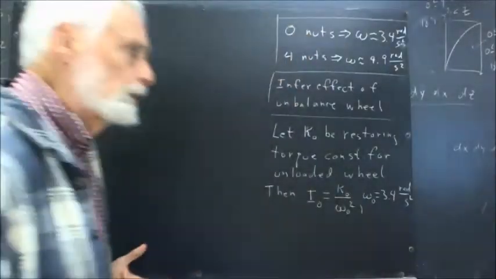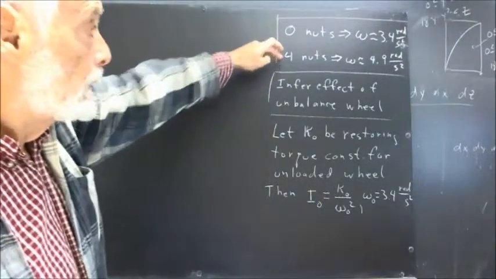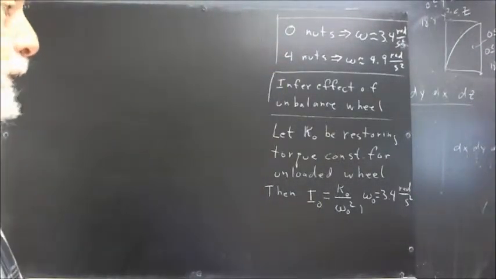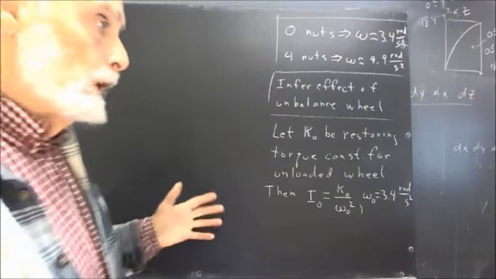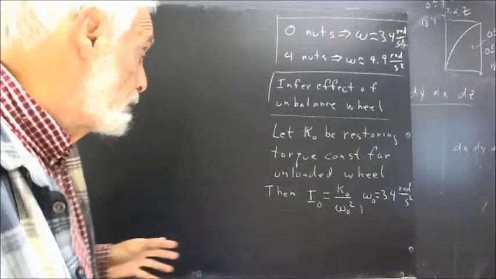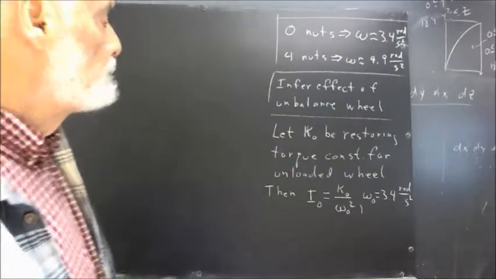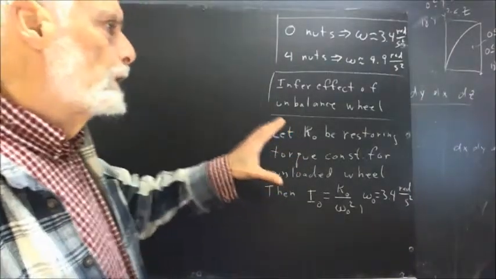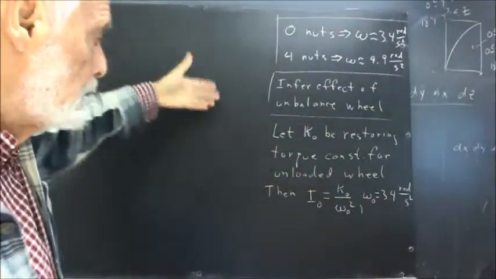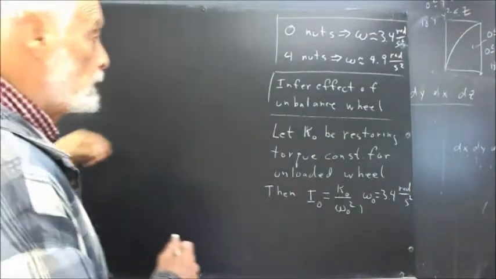Now, what can we say about the situation with 4 nuts? You might want to pause and think just a little bit and see if you can come up with some ideas. If you pause, great. If not, well, I'm going to continue and hopefully give you some ideas.